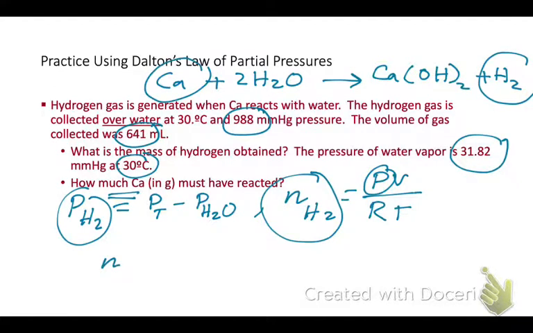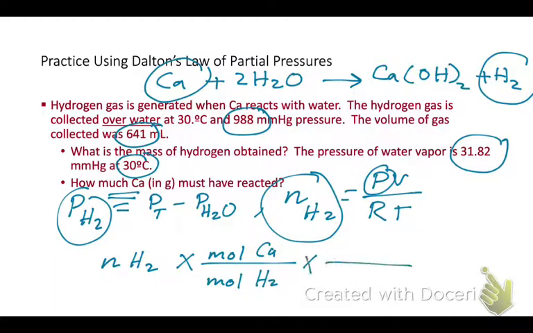So you take moles of hydrogen, and then by a 1-to-1 ratio, there is 1 mole of calcium for every mole of hydrogen. Then you multiply this by the atomic mass of calcium, which is 40.08 grams of calcium for every 1 mole of calcium, and you get the answer. Make sure you solve this all by yourself and use the discussion platform to compare your answers with your classmates.